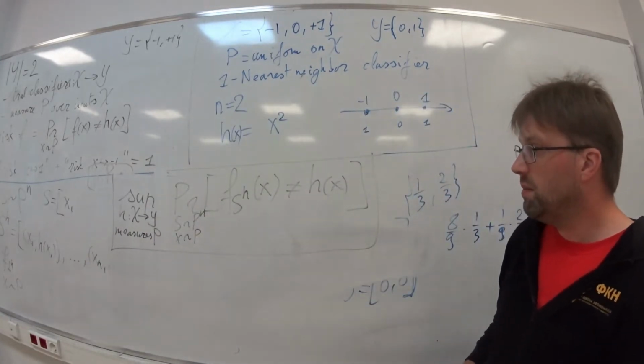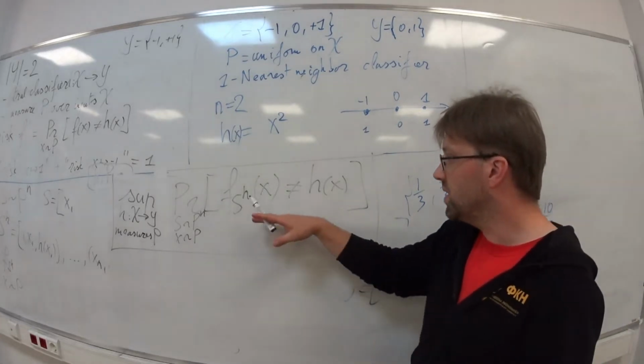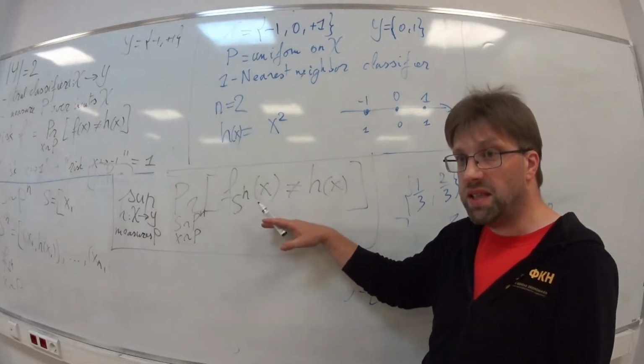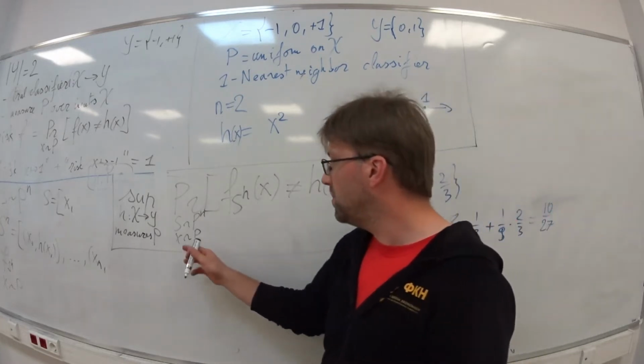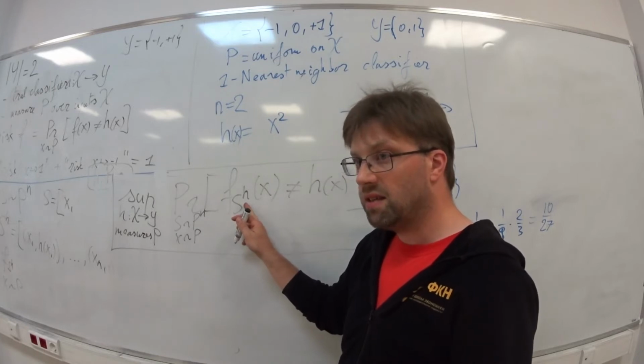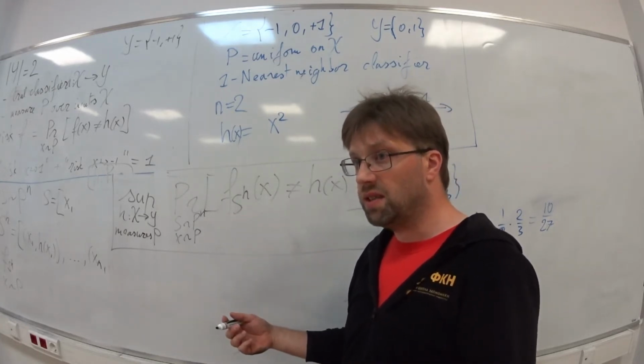Now I claim that there is kind of a problem. If we use this performance measure, then the best learning algorithm is just a learning algorithm that remembers the labels from the training set and outputs them when it gets an input from the training set.